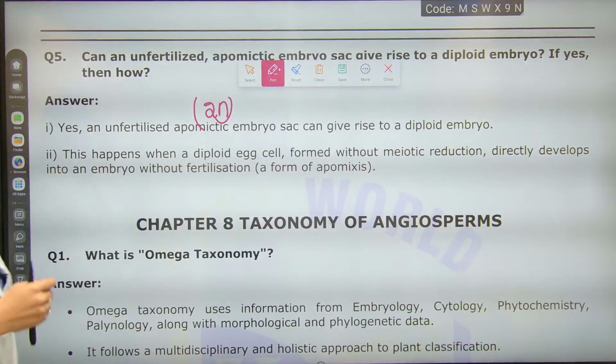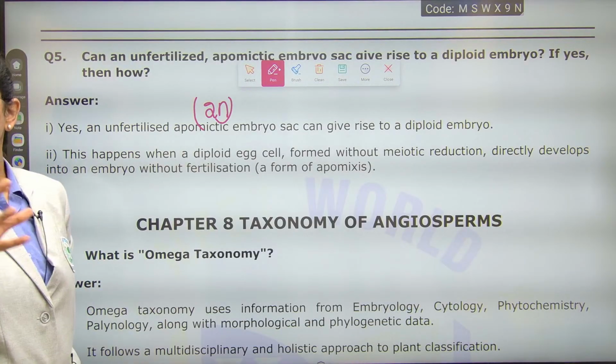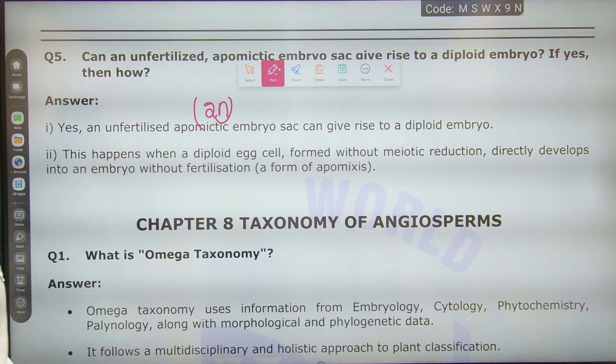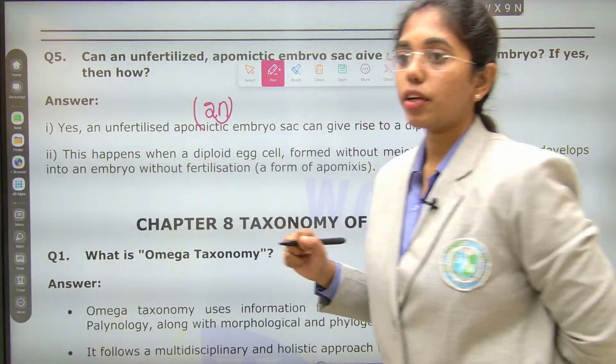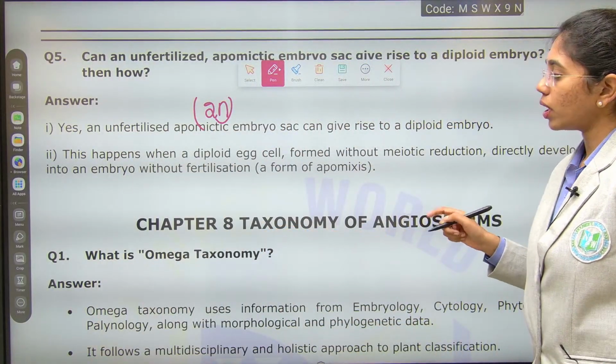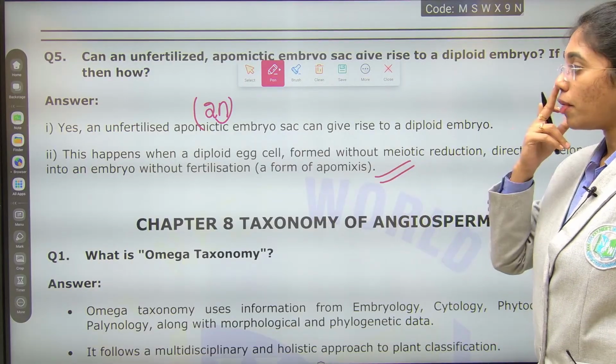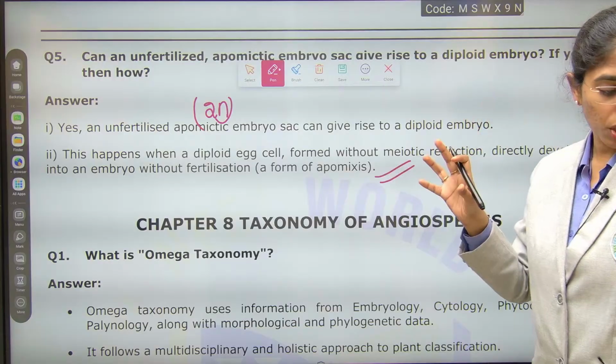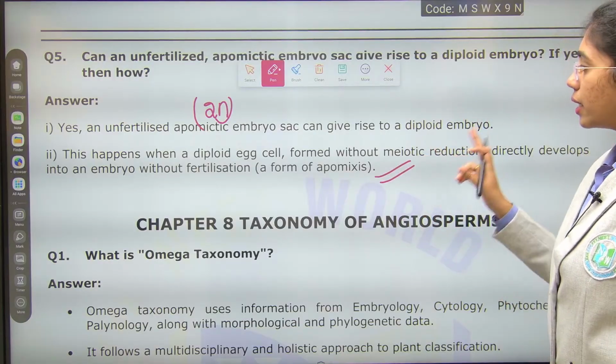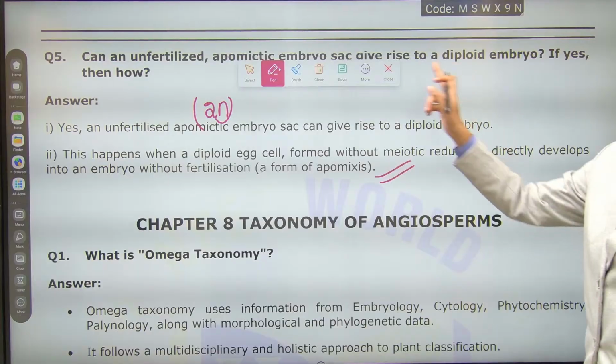This happens when a diploid egg cell, without meiotic division, directly develops into the embryo sac. And this is a form of apomixis, where the unfertilized embryo sac will be giving rise to a diploid embryo.